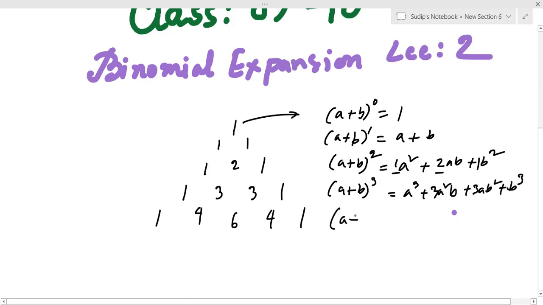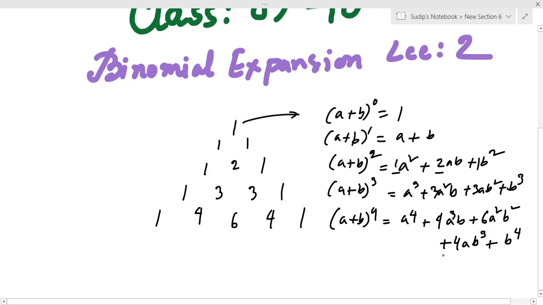And for (a plus b) to the power 4, we get a power 4 plus 4a cube b plus 6a square b square plus 4ab cube plus b power 4.